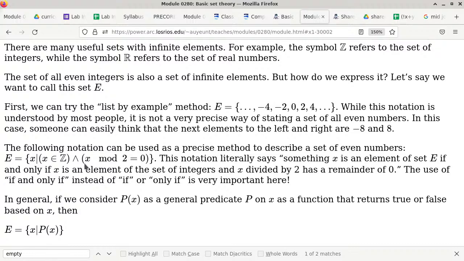Instead, I'm using the criteria to qualify what belongs in this set and what does not. So it reads as E is a set of elements X such that X is in Z. Now this symbol here means the set of all integers.